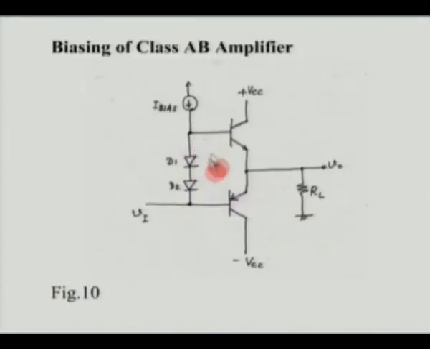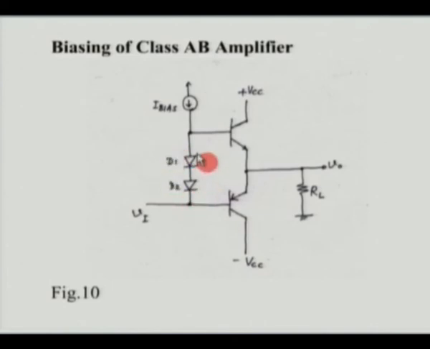What we have here is a typical biasing of a class AB amplifier, which is typically used for IC applications. You could also do this with diodes.